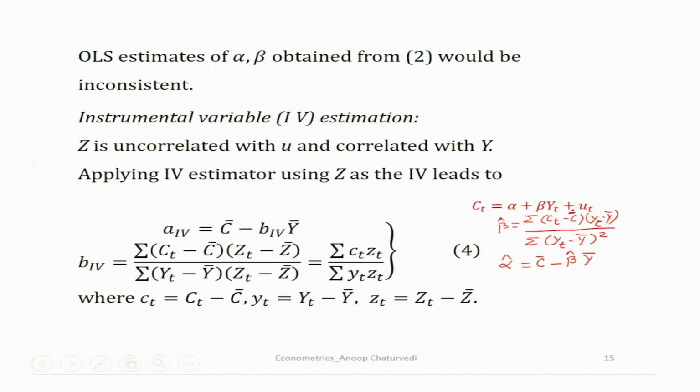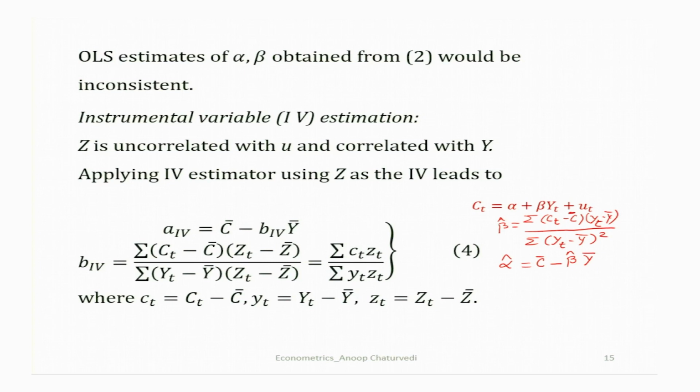Then, because of the correlation between y t and u t or y t and v t, these estimators are inconsistent. So, you require some alternative estimation procedures.